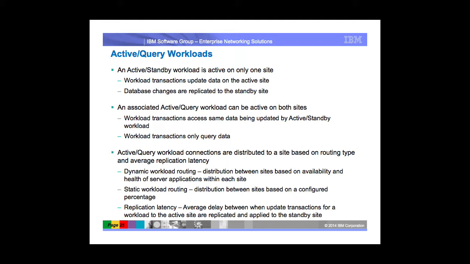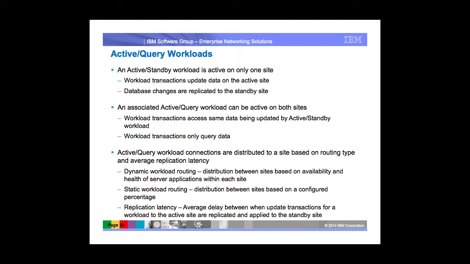So again, because we don't want to have data conflicts and where's the most recent data, who had the most authoritative update if it's updated in both places, all data writes still go to a single site. But if you have a write seldom, read many kind of application workload, where most of your workload are reads, then this can work really well, where a lot of your query traffic can be sent to your secondary site, and some of your queries and all of your writes are sent to the primary site.